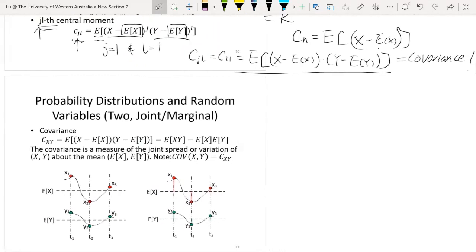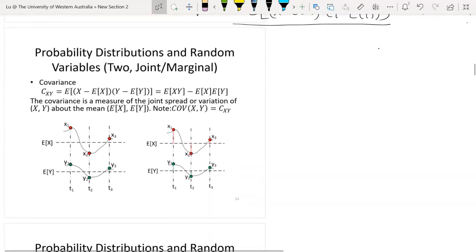So here, we start to discuss the covariance. Because the covariance is very important, we have a very special dedicated notation for it, capital C. X and Y are used to denote that this covariance is between the two random variables X and Y. Sometimes we can use another notation: COV for covariance, and then brackets with X and Y to denote the same thing.